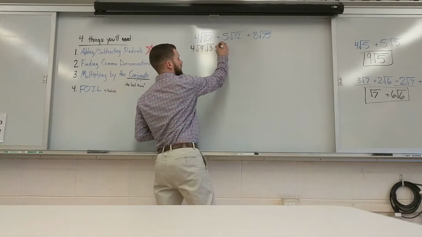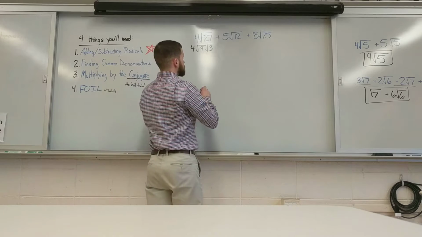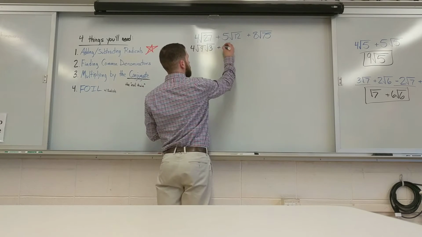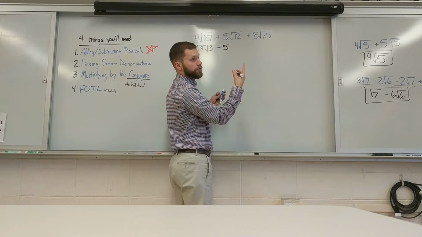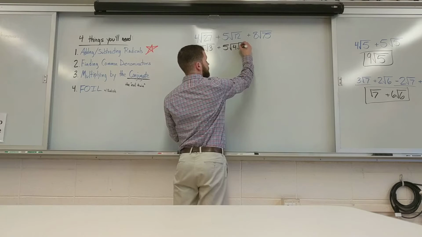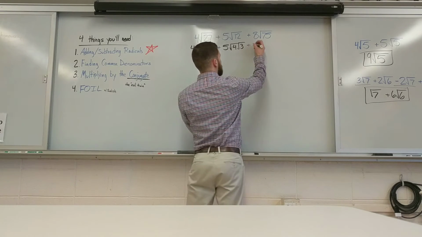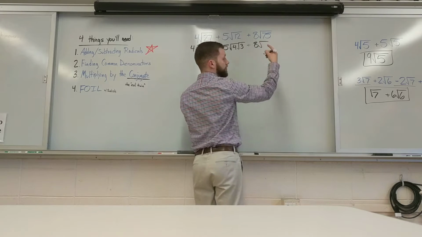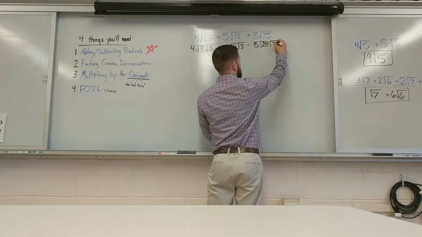Then we add that to 5, and in 12, the perfect square would be 4, so root 4 times root 3. Then added to 8, and in 75, we have rad 25 times rad 3.